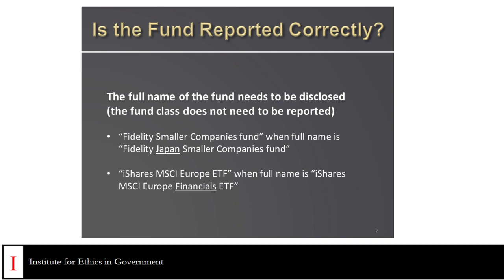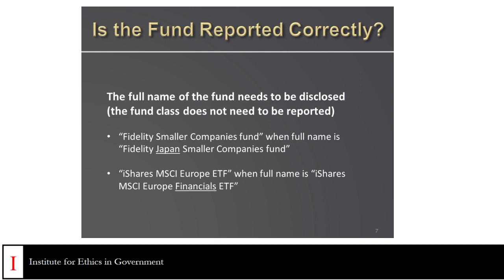Filers may question, why are we asking clarifying questions on mutual fund names? Here are two examples that highlight what happens when full names of mutual funds are not disclosed. In both cases, the funds, Fidelity Smaller Companies Fund and iShares MSCI Europe ETF, initially appeared to be diversified funds.